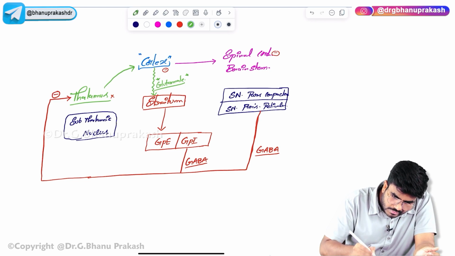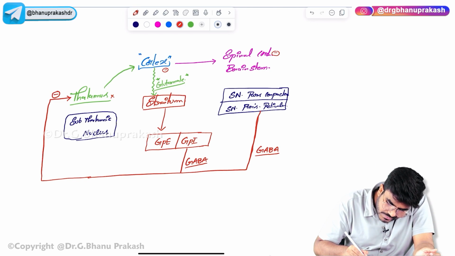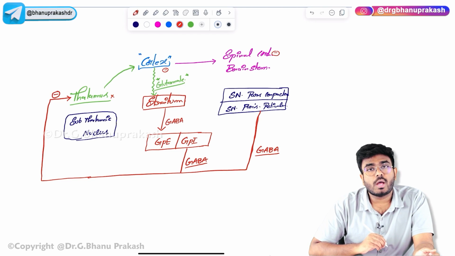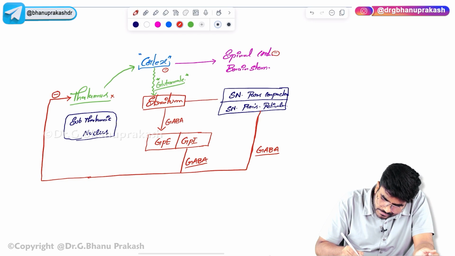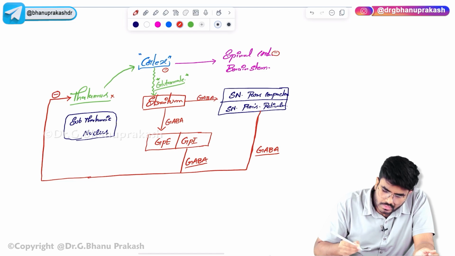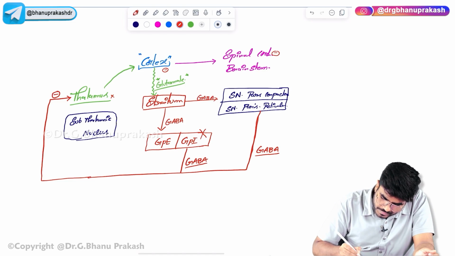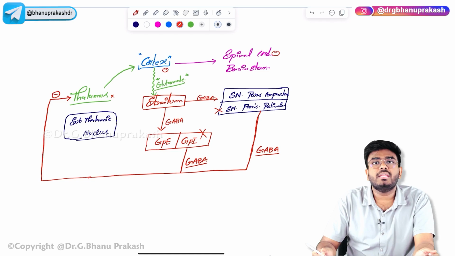Now do you know what this striatum is going to do? Striatum is going to produce GABA, the inhibitory neurotransmitter. Now the globus pallidus and substantia nigra pars reticularis are going to be inhibited.